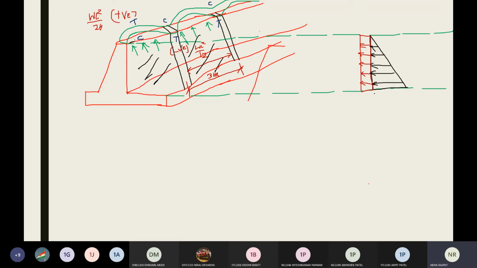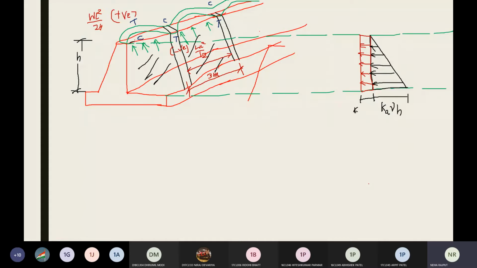Now the pressure value at this point will be K gamma h. What is small h? Small h is the height of the stem, because we are designing the stem. So this is K gamma h. And what is the surcharge maximum pressure over here?